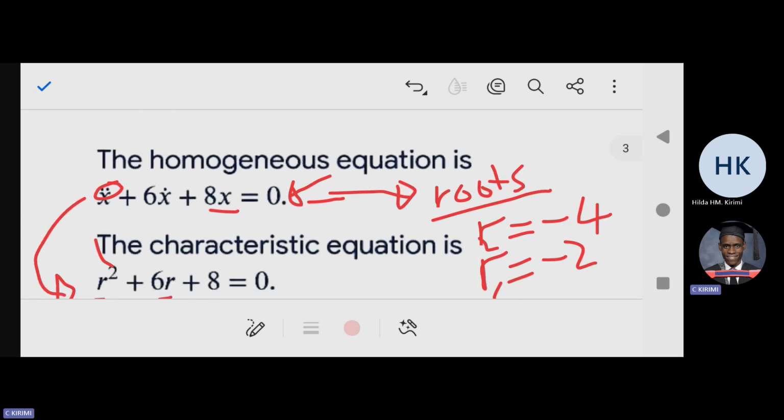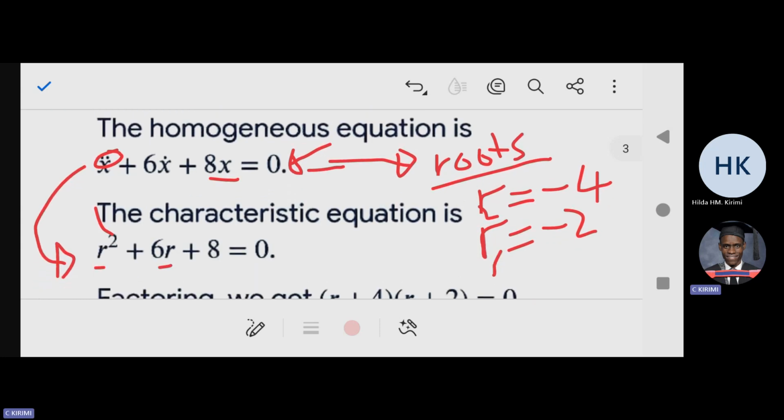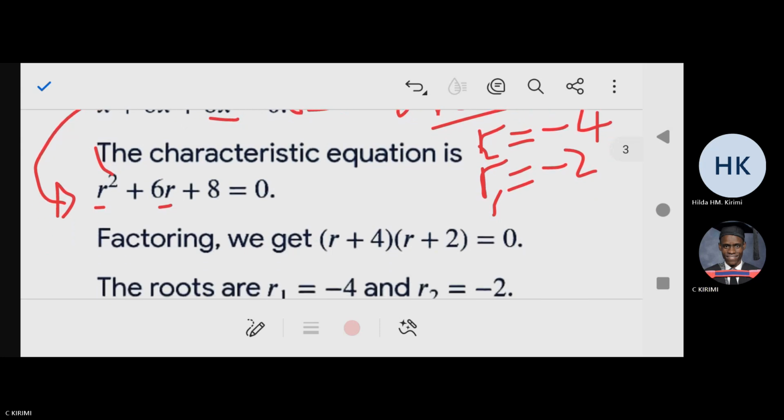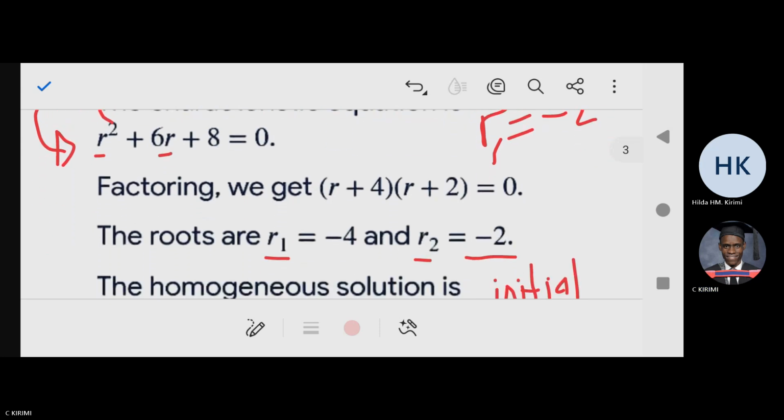After you've equated the left side to 0, then now we want to calculate the roots. Where there is second derivative, it's r squared. First derivative is just r. There is no derivative, which means it's r to the power 0, which is just 1. You solve your equation, obviously it's going to be a quadratic equation. So you must know that.